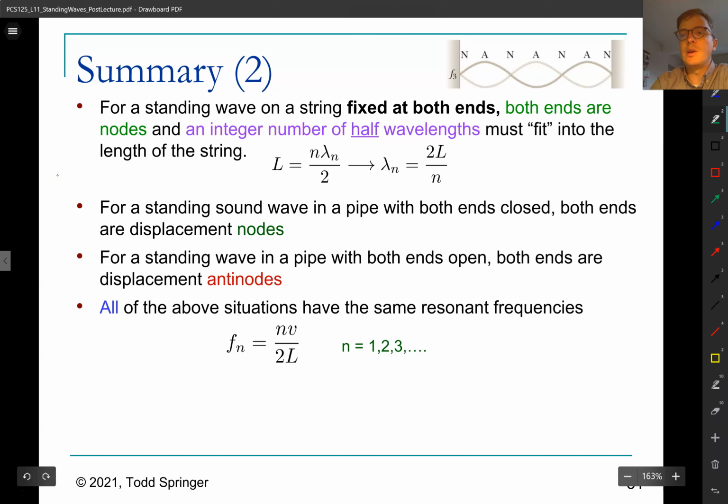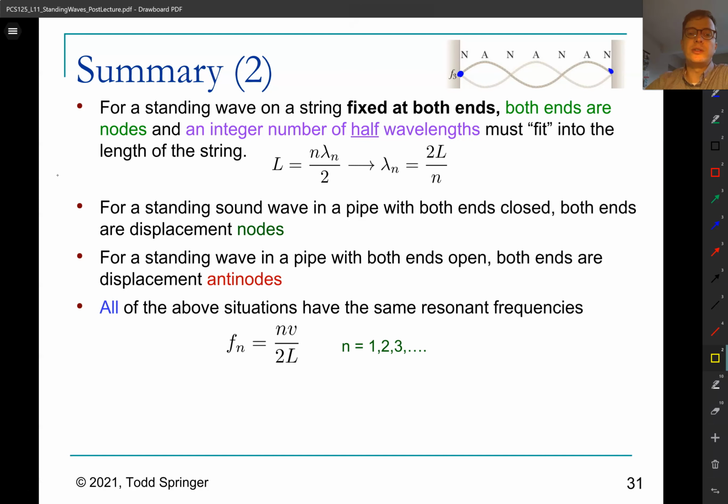If you're going to have a standing wave on a string fixed at both ends, the ends have to be nodes, and because the nodes are half a wavelength apart, the length of the string has to be evenly divisible into half wavelengths. That led us to this condition here: lambda n is 2L over n.